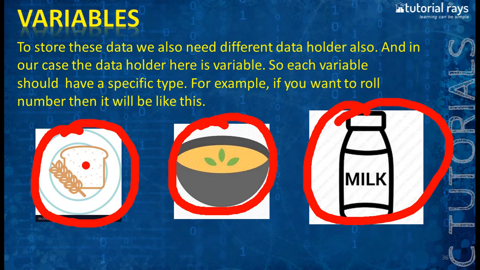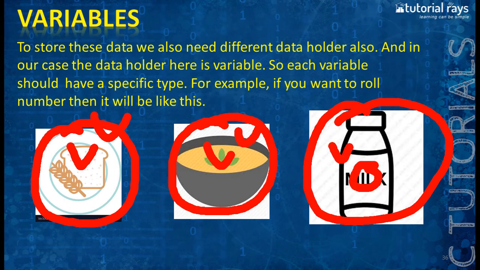So you can see each article has a different data holder.